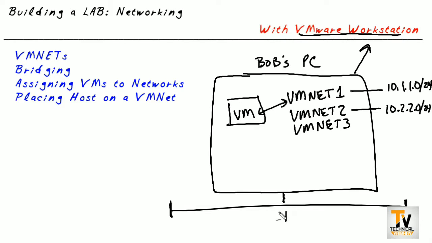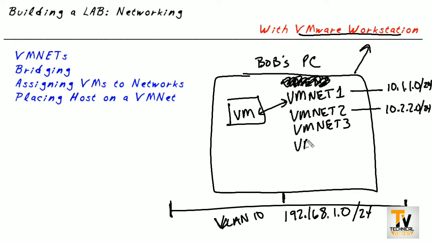Again, it's up to us with what IP addresses we use on the machines that are connected to the respective VMnets. Now, the physical network down here is 192.168.1.0, and maybe this is also VLAN 10. From the physical network's perspective, we would have the option of bridging the network adapter on the VM over to that physical network.